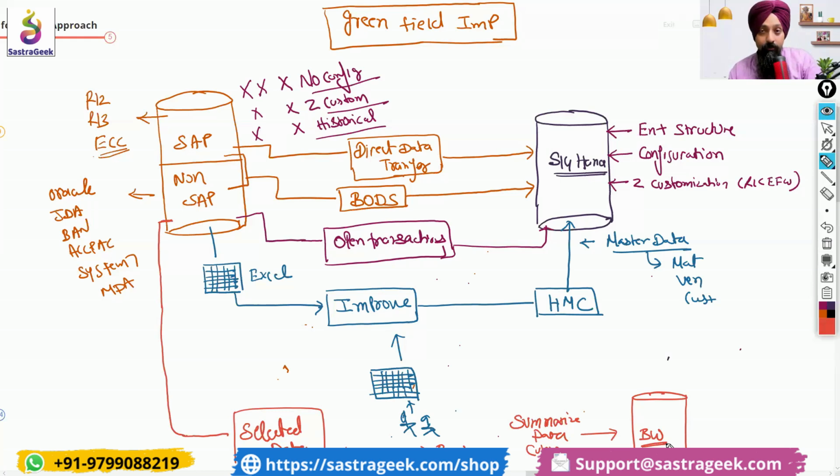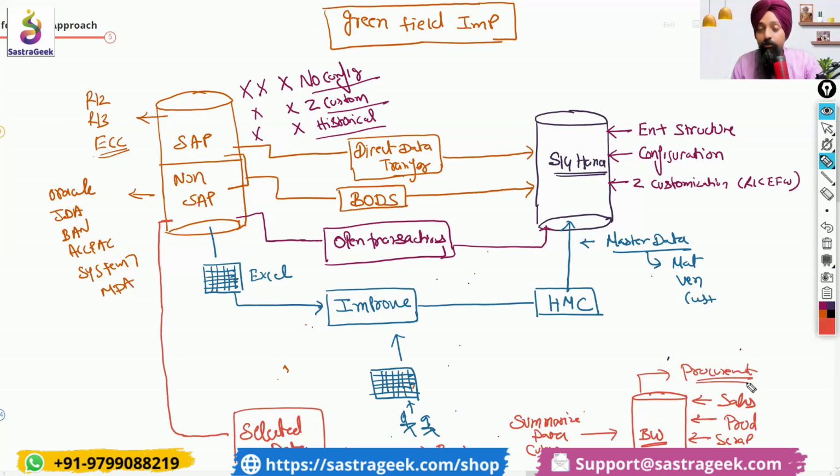So maybe not all the transaction history, but I say that at least I need it on a monthly basis for the different products. What kind of production I have done, what kind of customer returns I got, the total volume of customer returns for a product for a customer on a monthly basis. That monthly summarization of the data: what sales I have done, what production I have done, what scrap I have generated, what returns I have done for products, what procurement I have done, I need it.